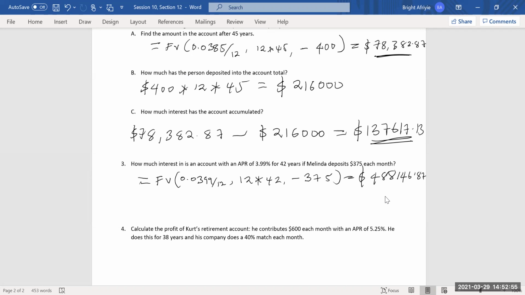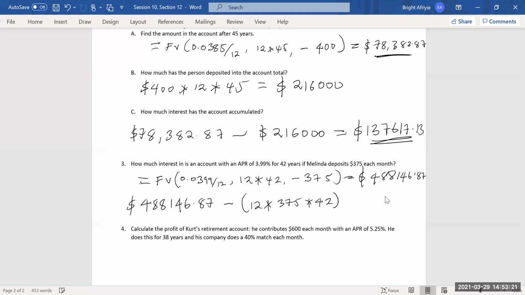Now to know the interest, you have to do the 488,146.87 minus how much Melinda would have deposited over 42 years. So this is 375 times the number of years.